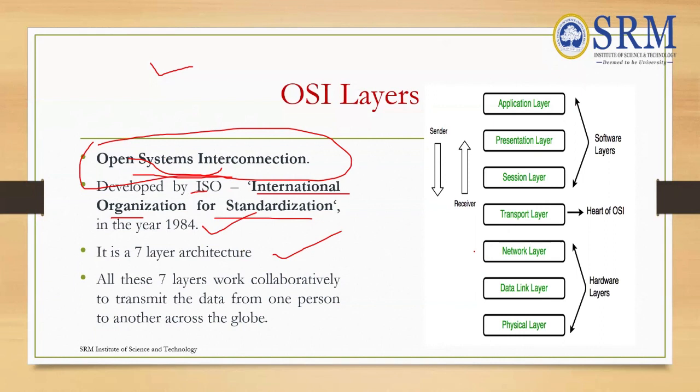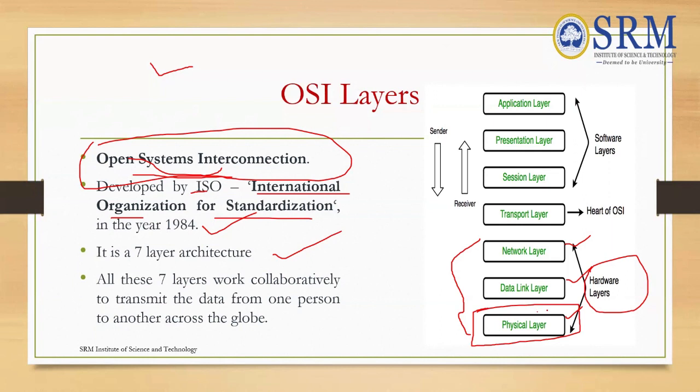In these layers, the first 3 layers, physical layer, data link layer, and network layer, are called hardware layers. Why? Because the different types of devices for connecting purposes are in these 3 layers. In the physical layer, there are connection wires, Ethernet cable, pen drive, PC, server, anything.